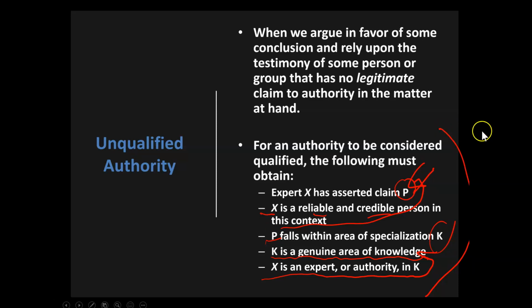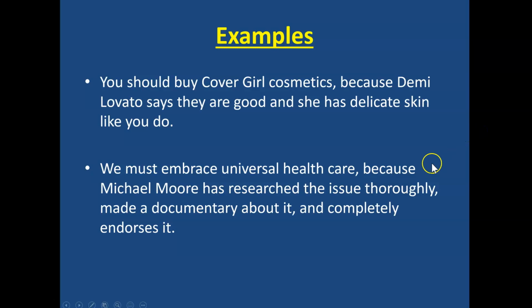Let's get some examples here. You should buy CoverGirl cosmetics. Well, why? Because Demi Lovato says they're good and she has delicate skin like you do. So here, Demi Lovato is being used as ostensibly the authority in the matter. Why should I get these?